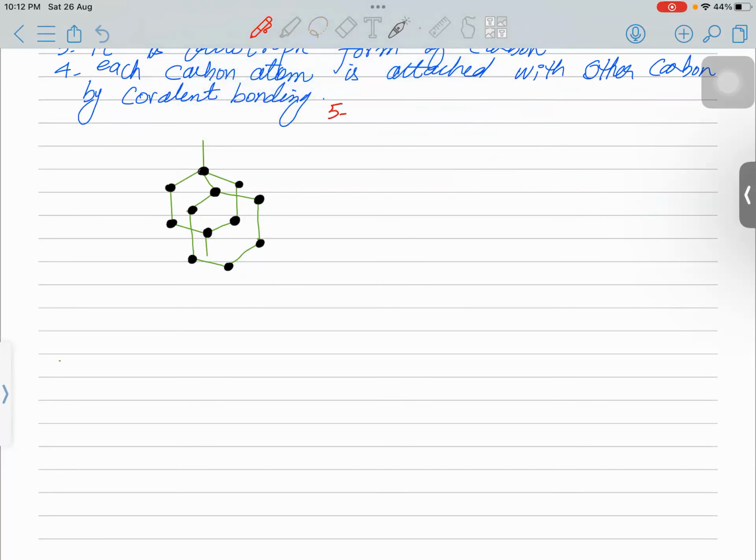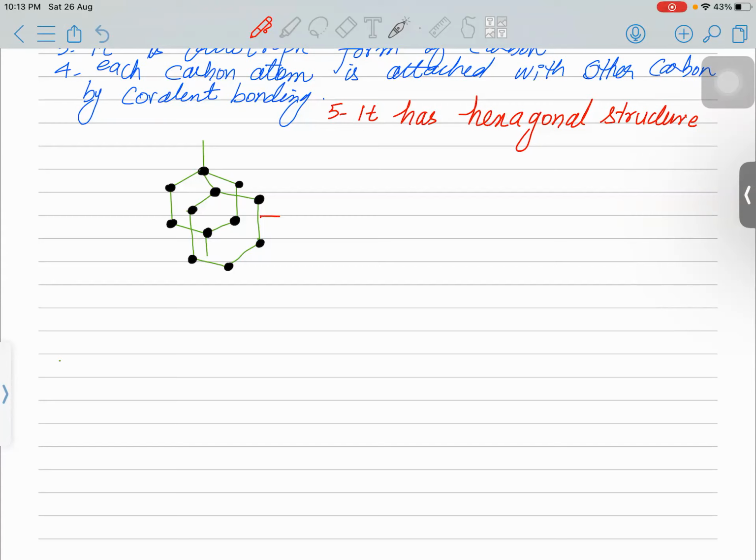Now point number 5. Diamond has a hexagonal structure.